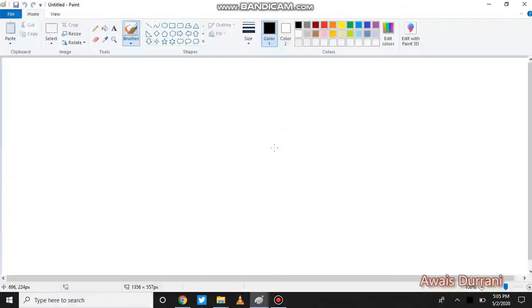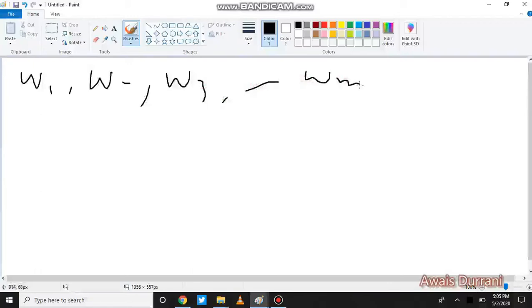For example, if I say that I have w1, w2, w3, and similarly up to wm elements that belong to V, I say that these elements span a vector space V. Then this statement means that every element of this vector space will be made by the linear combination of all these elements. This is how we define spanning of a vector space.